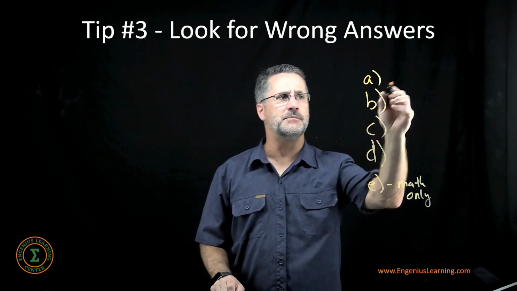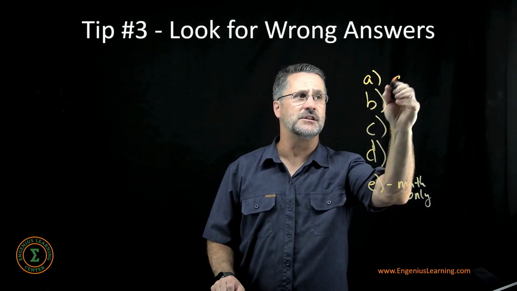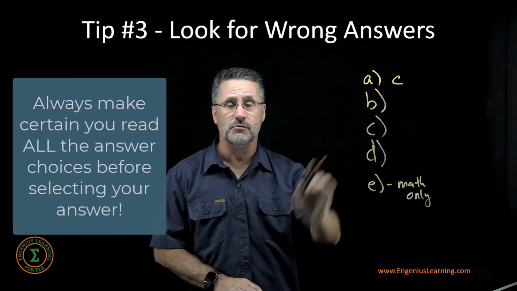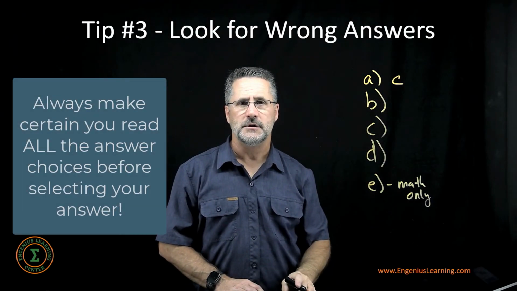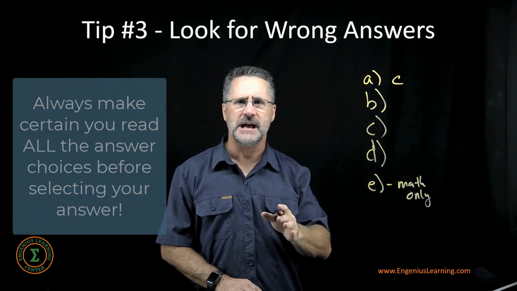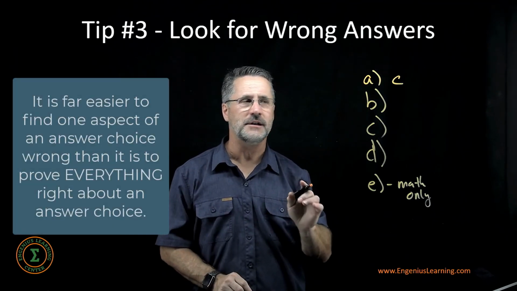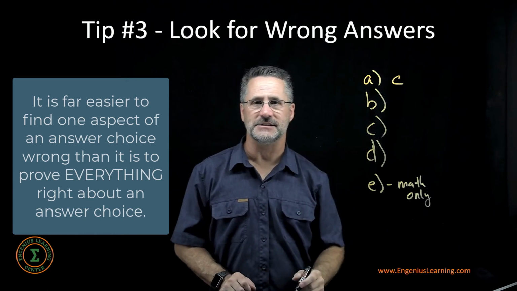So I've got multiple answer choices, and we're going to say hypothetically that answer choice A is the correct one. But now I don't really know that it's correct. It feels good, but I still need to go through and look for other ones. You're going to find that on this test, it's hard to prove everything correct. But it is so much easier to find one little thing that makes it wrong, and that invalidates the answer choice.